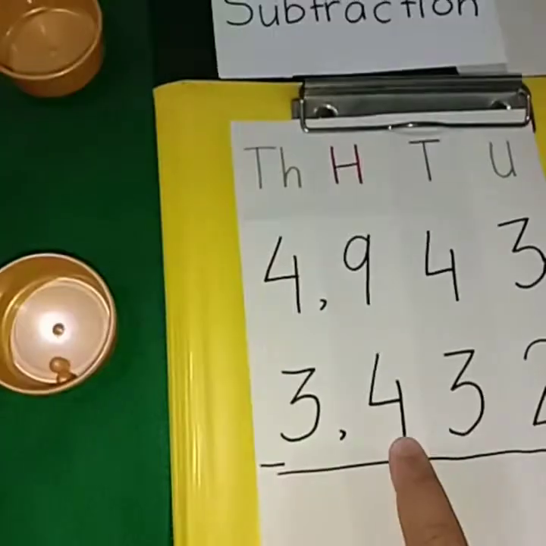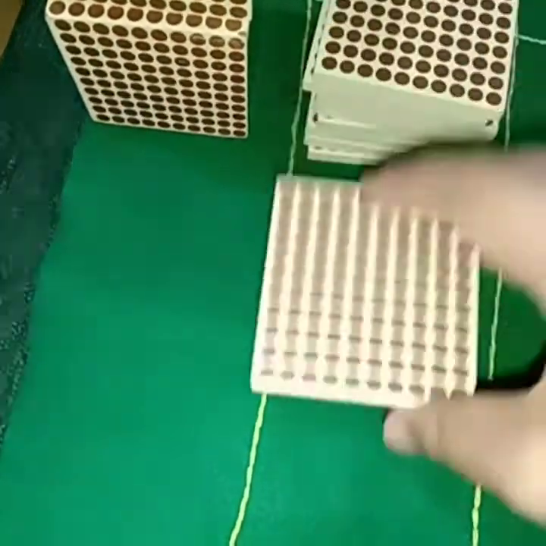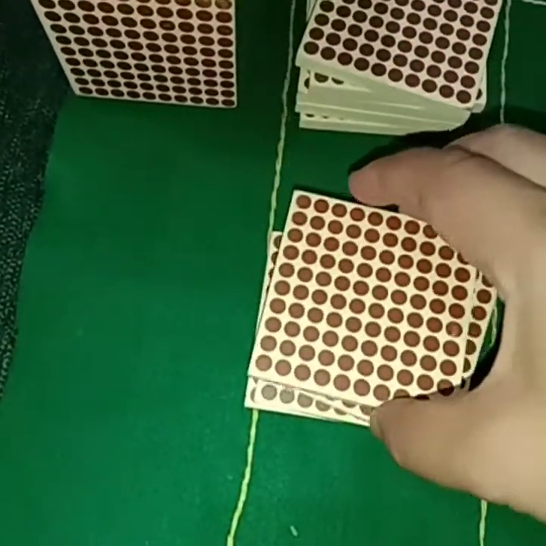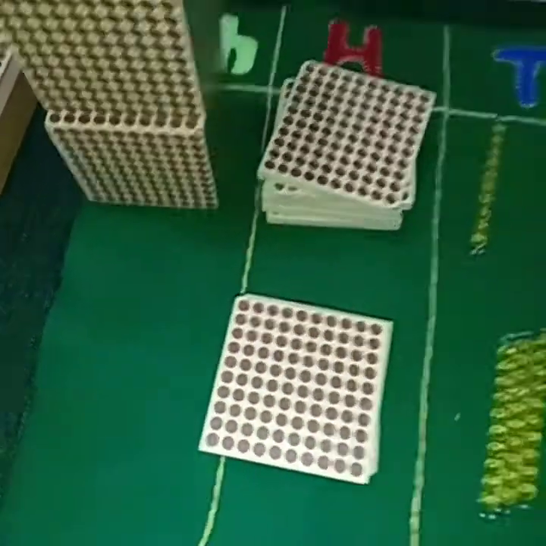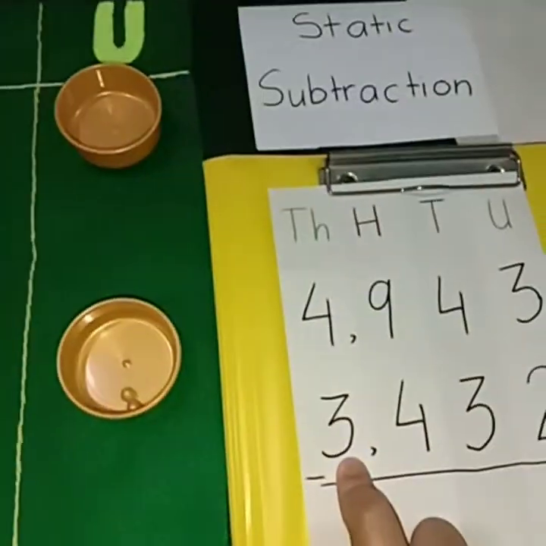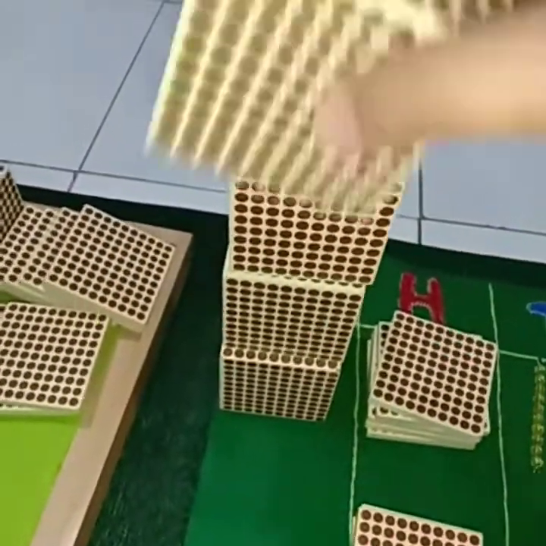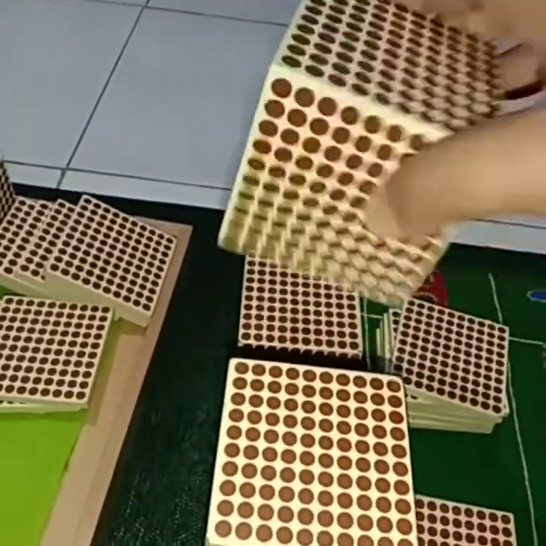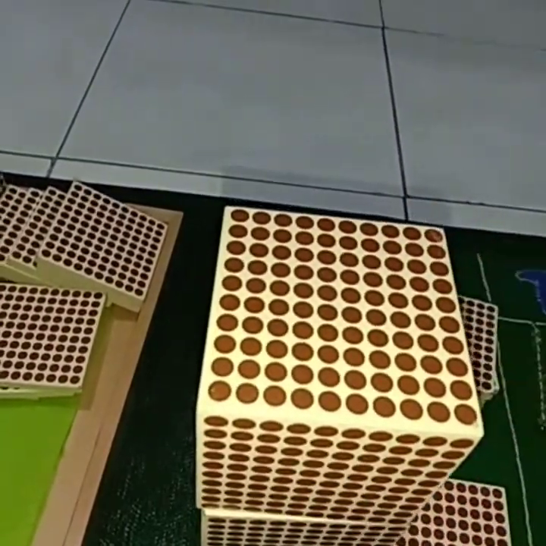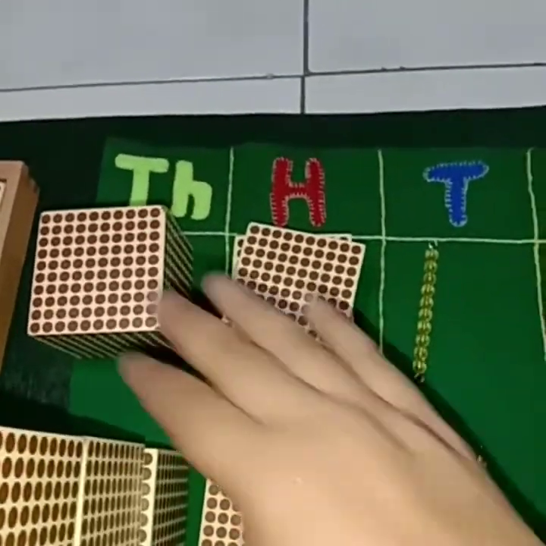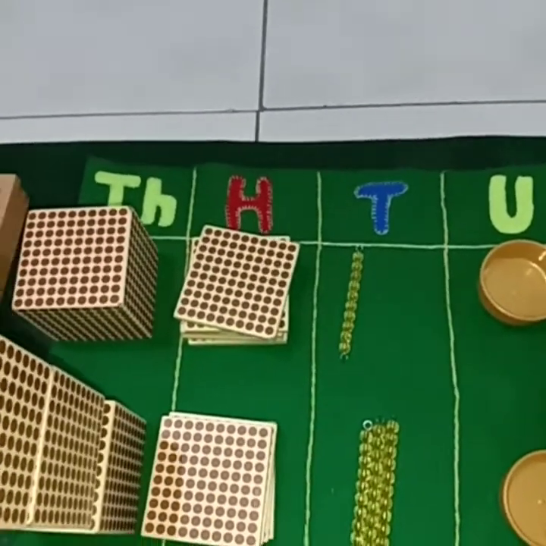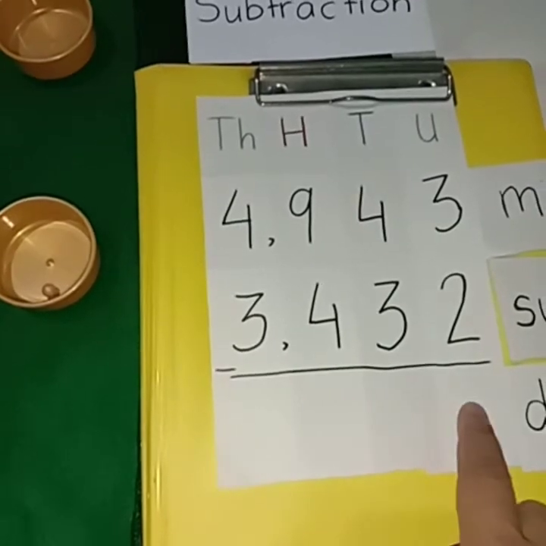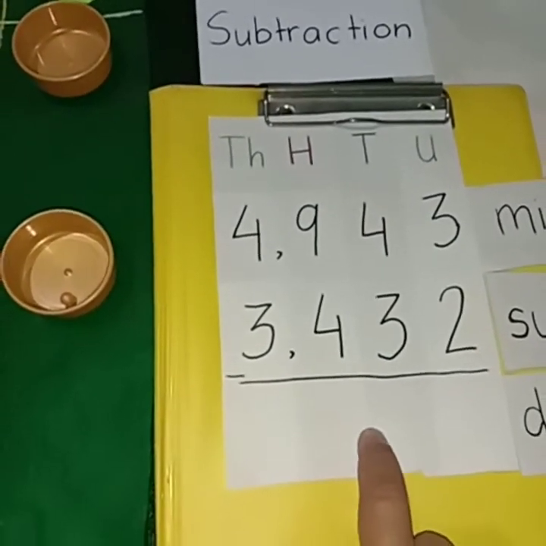And then from the hundreds, we're taking away 4. 1, 2, 3, 4. And then from the thousands, we're taking away 3,000. 1,000, 2,000, 3,000. And then what's the remainder or the difference is at the top here, which we are going to move to the bottom.